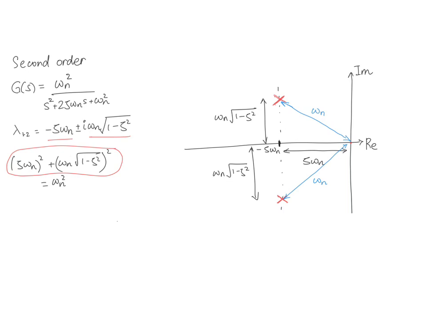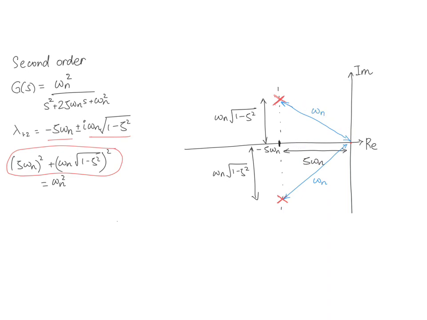And immediately you'll realize that this angle over here, which is the same as this angle, is dependent only on zeta. It is not dependent on the natural frequency omega n.